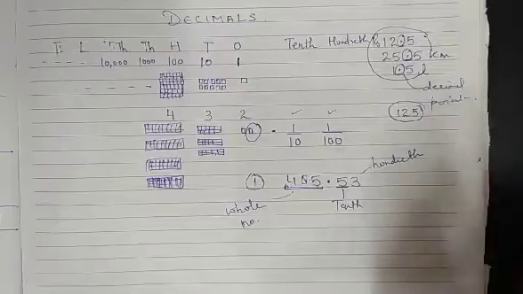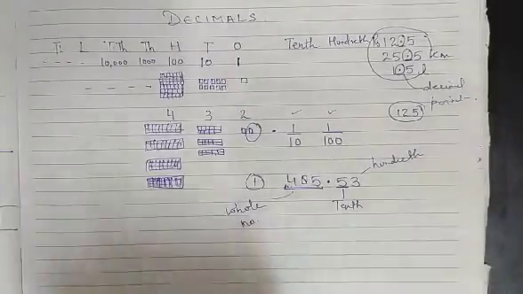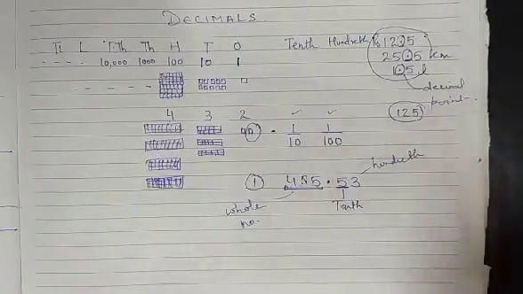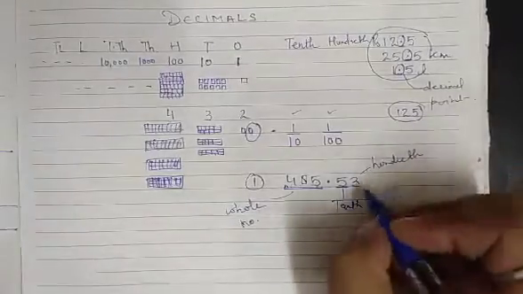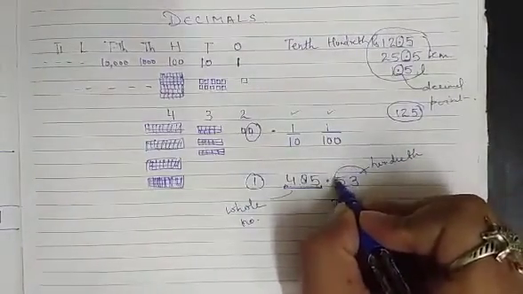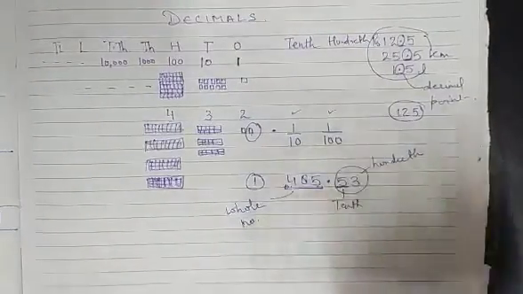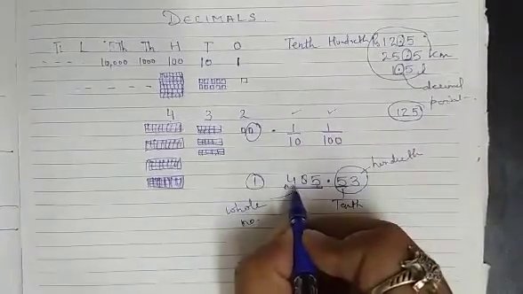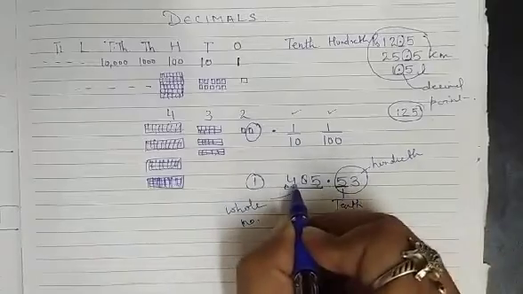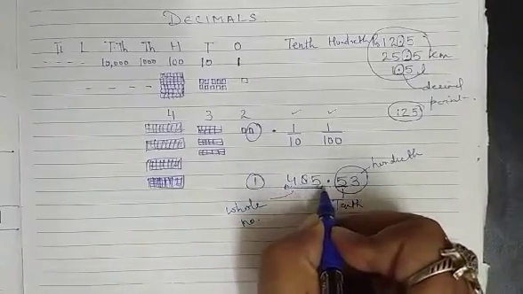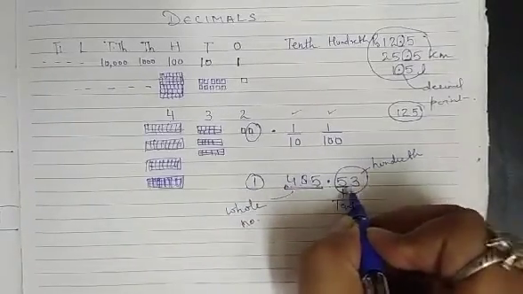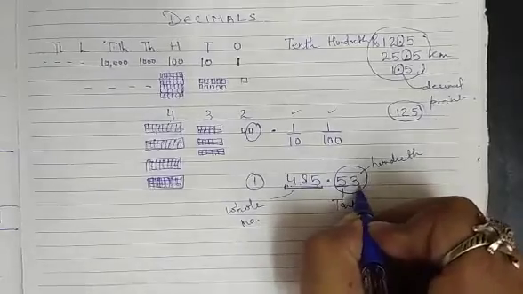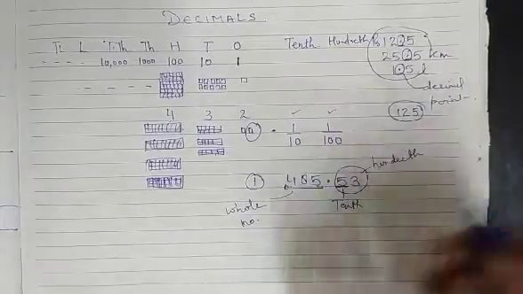Clear? Now, how to read it? We are going to read each digit separately. For example, if I have to read this number 485.53. Clear?